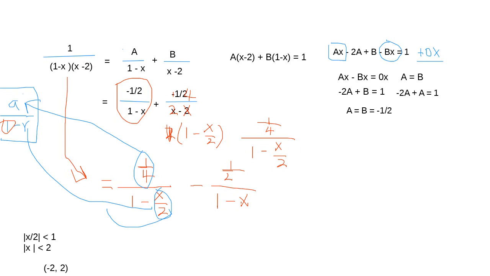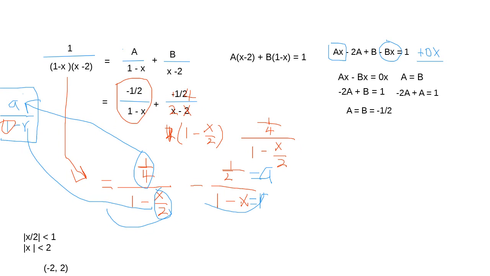Okay, similarly, now let's see the second one. So A equals a half, and the ratio R equals x. Right? So that means for this one, it converges for absolute x less than 1.